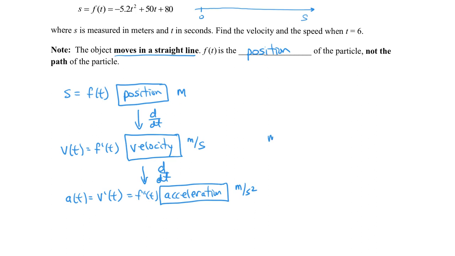Now really what it is is meters per second per second. But instead of dividing by seconds, you could think of multiplying by the reciprocal of seconds. So that'd be like meters per second times 1 over seconds. And then that would give us meters per second squared. So we usually just write meters per second squared because it's a little less awkward than meters per second per second.